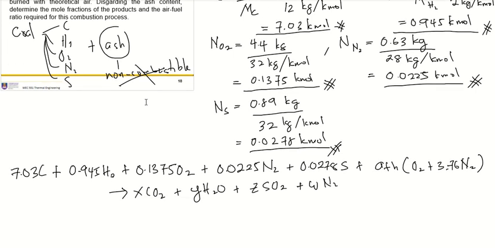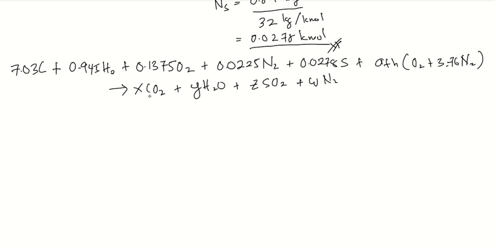So we balance this equation. We start with carbon. This one is x, so x equals 7.03. Then we do hydrogen.